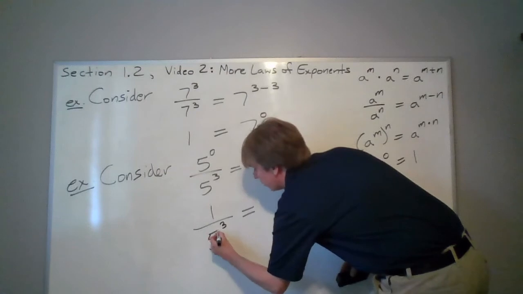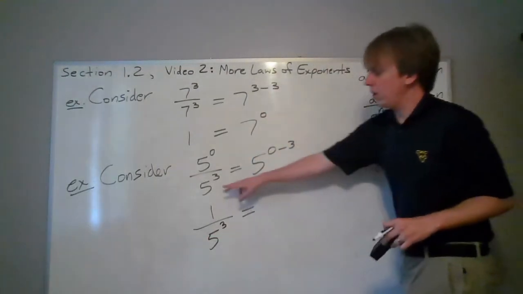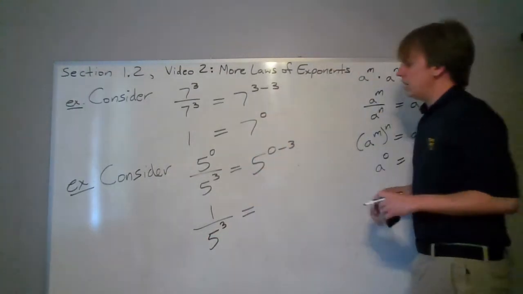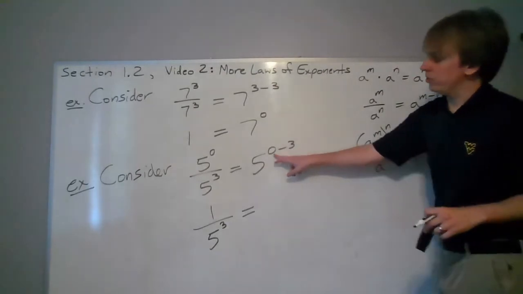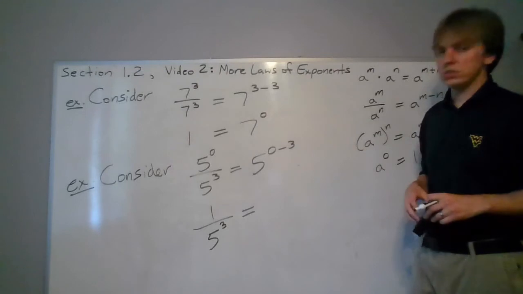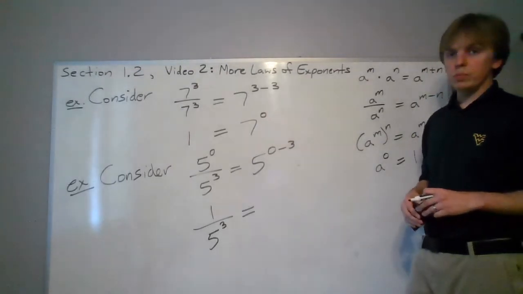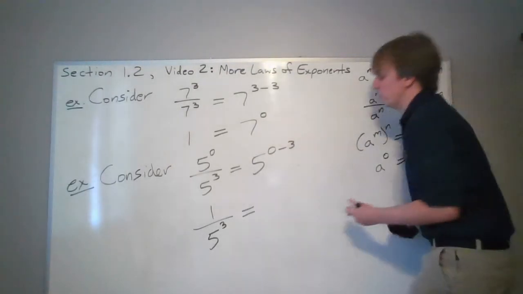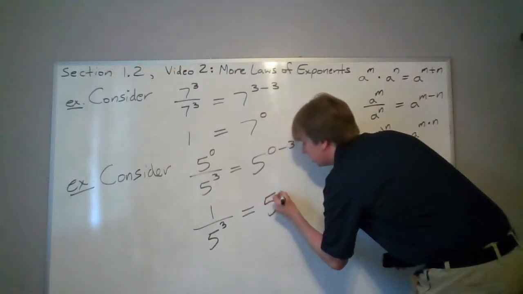I'm going to leave 5 cubed alone for a second, the denominator here. Again, we have implied parentheses around the 0 minus 3, so I should do that first. And 0 minus 3 would be a negative 3. So we have 5 to the power negative 3.